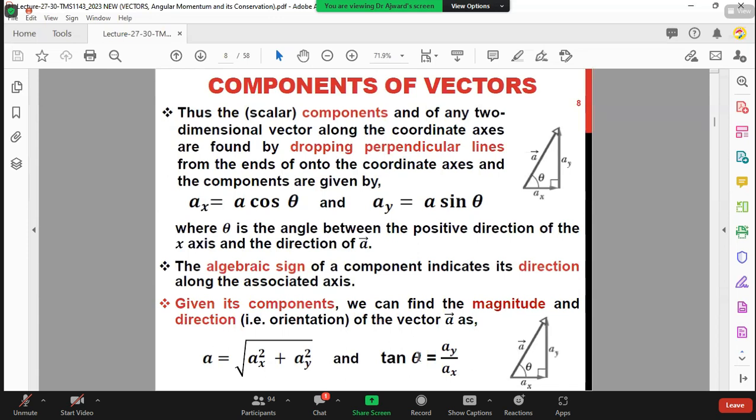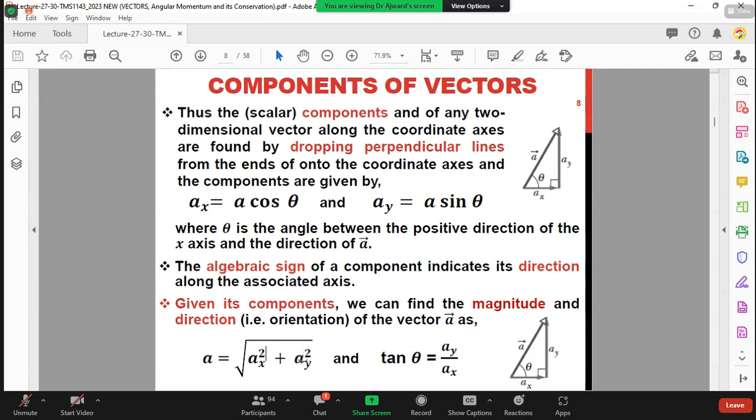Also now you learned what the components of vectors are, the x component and y component, and how to find them using the magnitude A and angle theta of the vector. And you also learned how to find the vector if you know the components Ax and Ay.